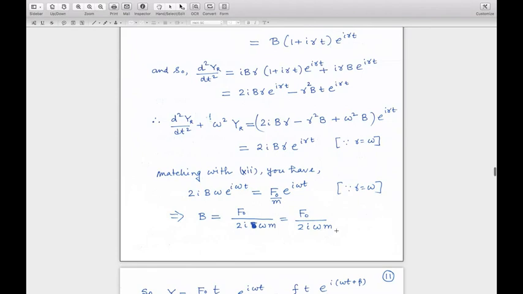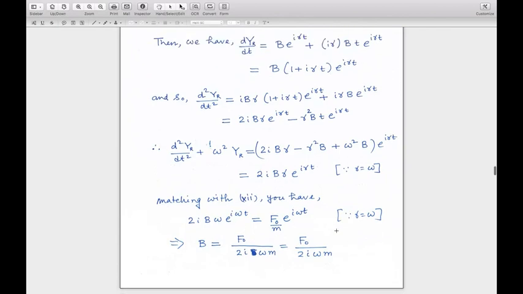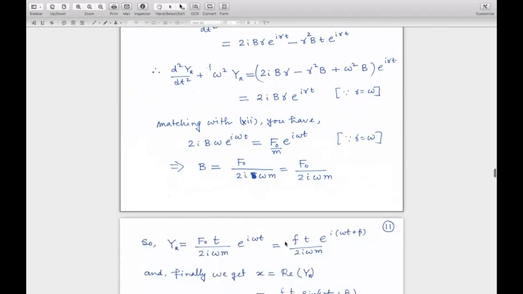The whole thing is like this, and this will give you this.